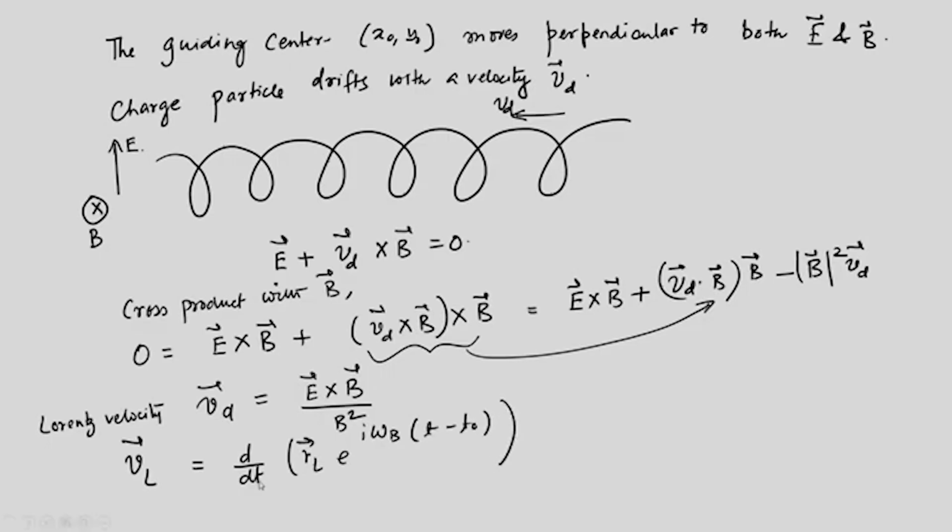So, this is purely because of the Lorentz force, which is nothing but, so F L is nothing but Q V cross B. Okay. So, this is the Lorentz velocity, this will get added to the drift velocity, and the net velocity will become equal to V L plus V D. Okay.